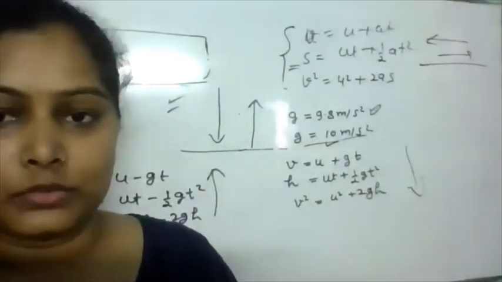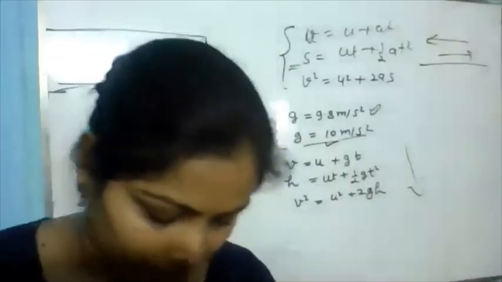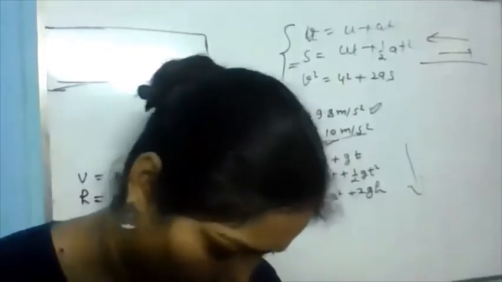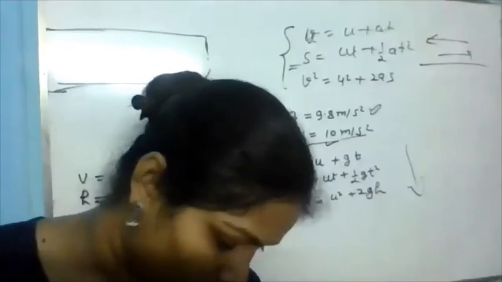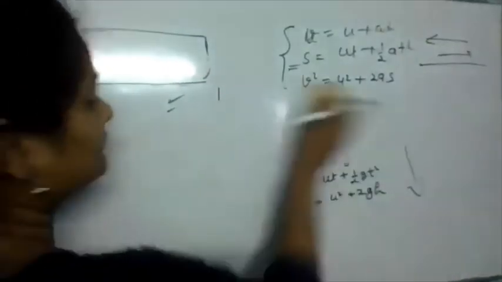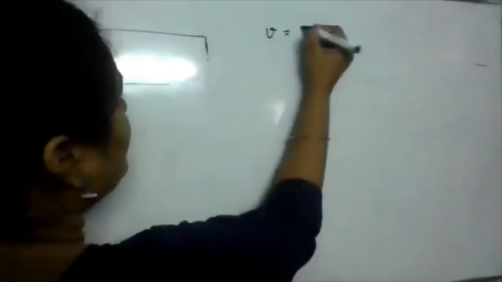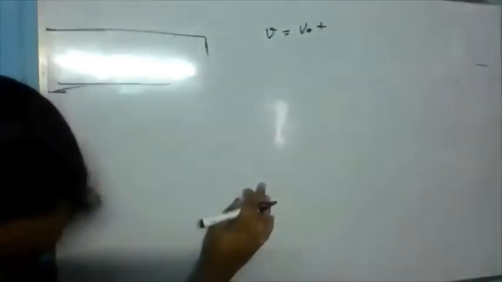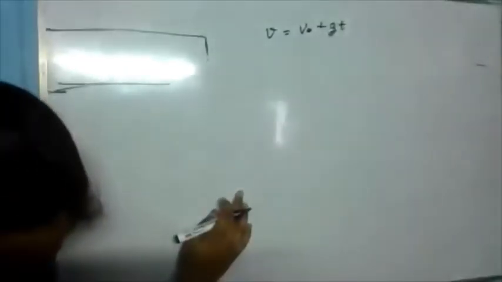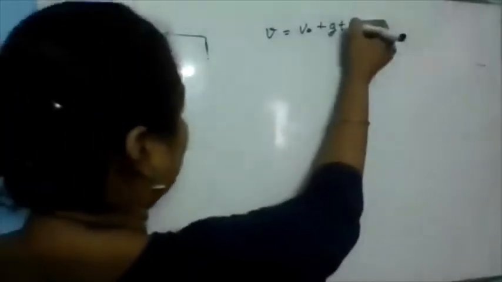So now let's do a numerical, which is basically a multiple choice question. The question is this: the velocity of a particle is given here. Velocity is v equals v naught plus gt plus at square.